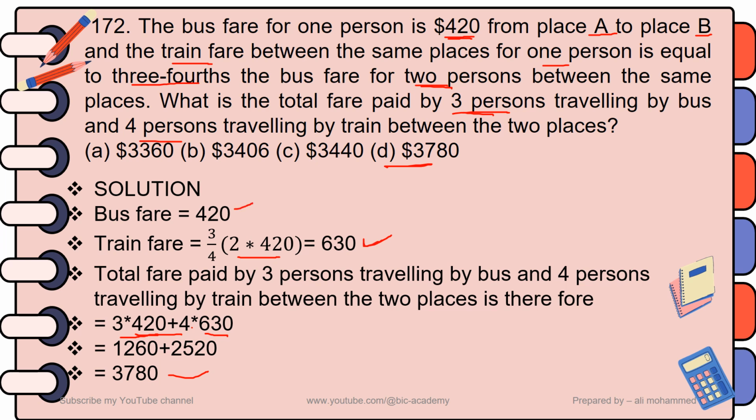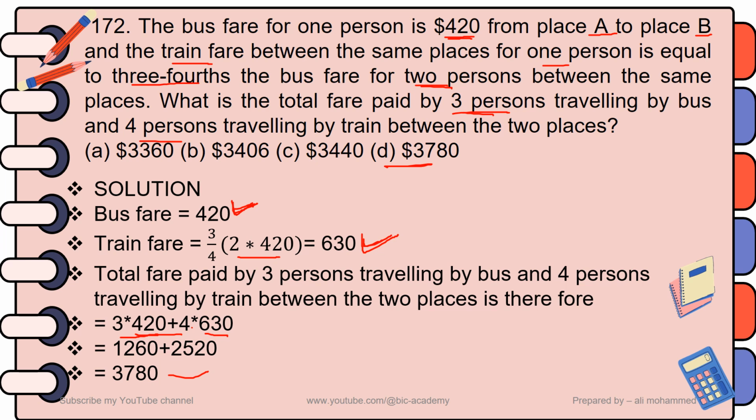What is given first here is the bus fare, it is 420, and the train fare is 3/4 of 2 times 420, which is equal to 630. So 420 is the bus fare for a single person, and 630 is the train fare for a single person.